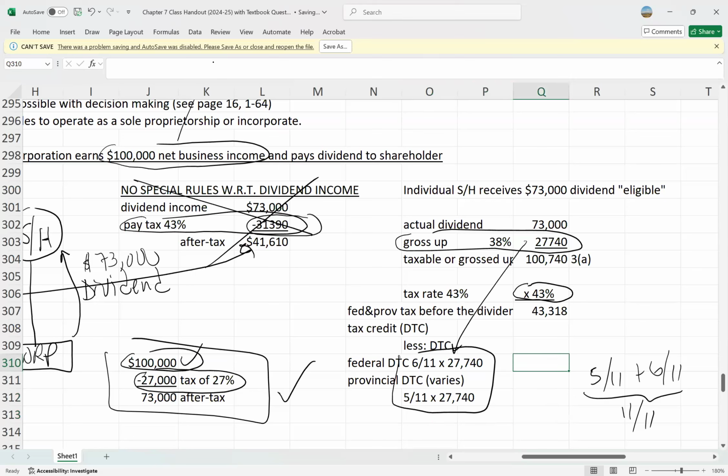So if we just sort of break it down, 6/11 times 27,740, that's going to be about 15,131, and then 5/11, that's going to be about 12,610.